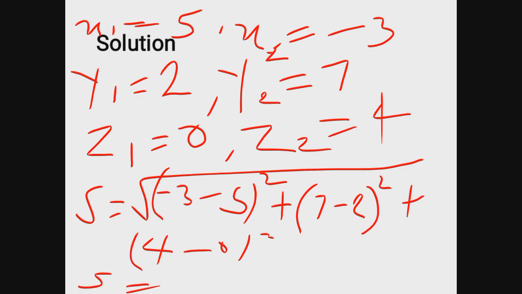Now the next thing is just to perform our arithmetic. x2 minus x1, that is -3 minus -5... Oh, it seems we have exhausted the slide, but we just have to manage what we have.